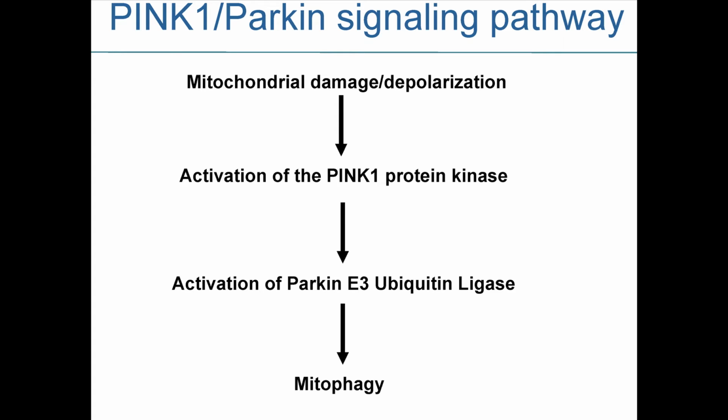When mitochondria are damaged, or you use chemical reagents to induce mitochondrial depolarization, within about 20 minutes you see a dramatic activation of the PINK1 protein kinase. It goes from being an inactive kinase to being a very active kinase.